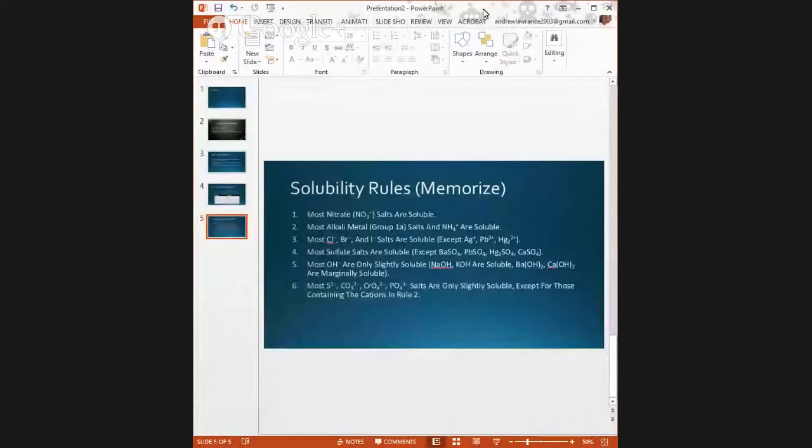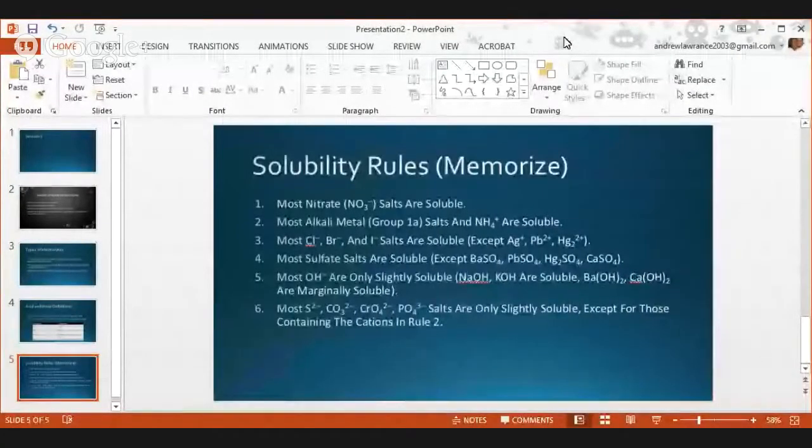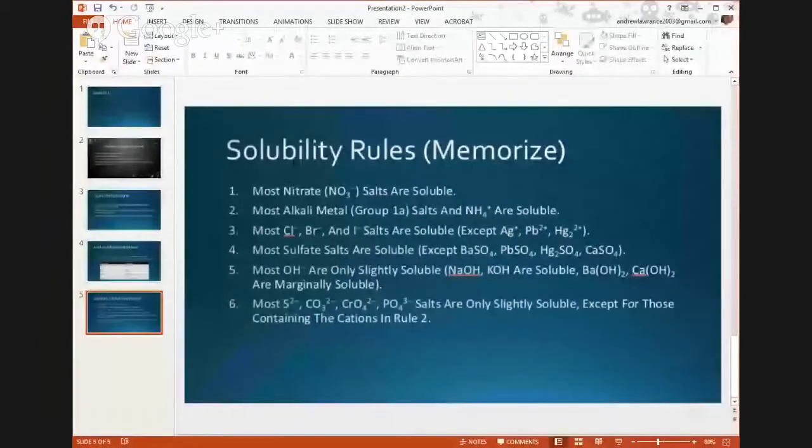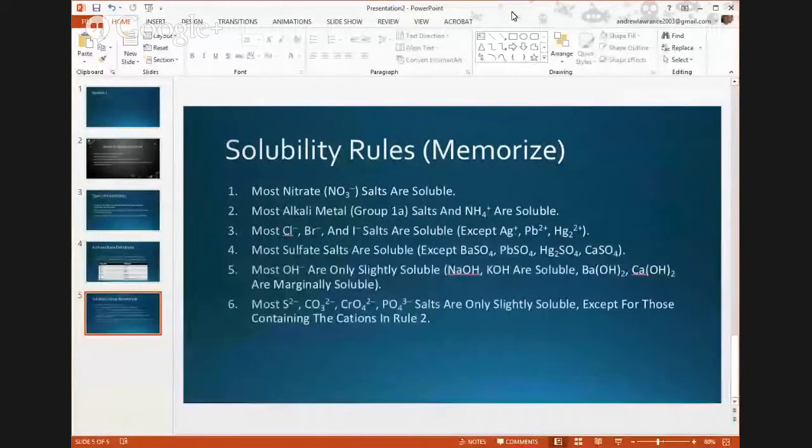There we go. Alright. Of our solubility rules, this is going to play a role in how we go about doing any type of solution stoichiometry problem. Just knowing these couple of things.